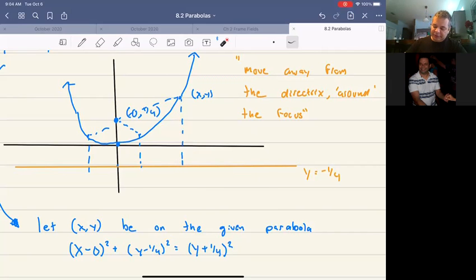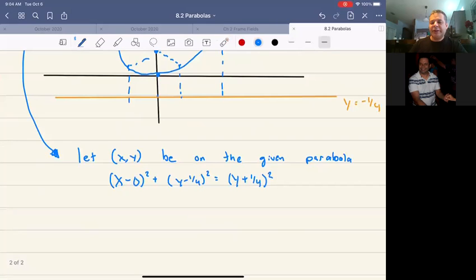Now we're just going to see algebraically what comes out. We get x squared plus, when we FOIL that out, y squared minus 1/2 y plus 1/4. On the other side, we get y squared plus 1/2 y plus 1/4.